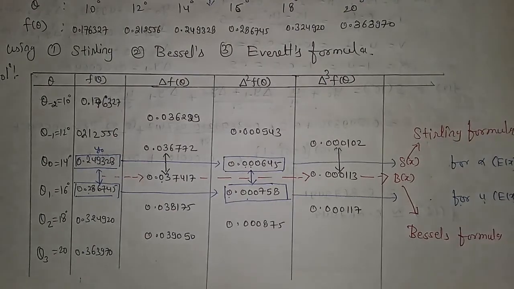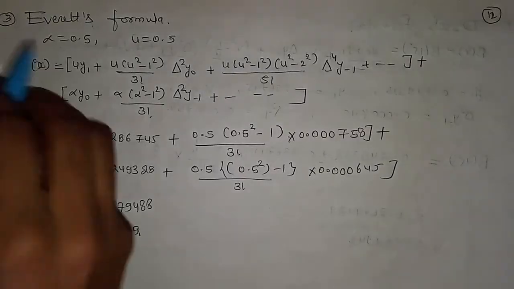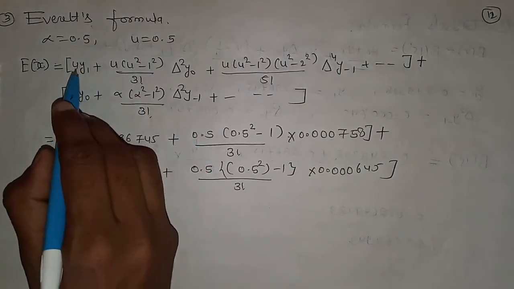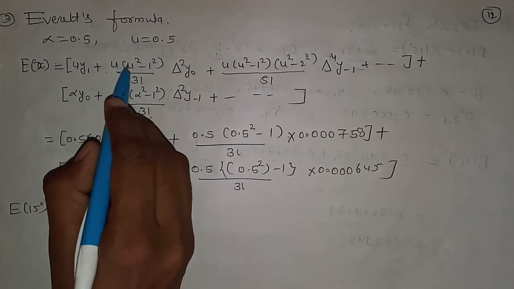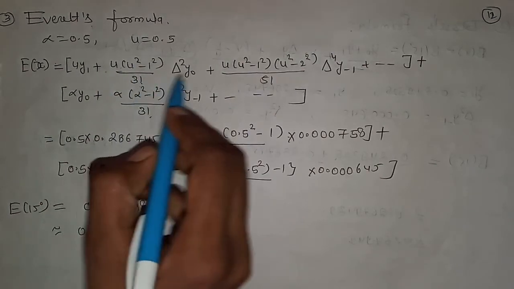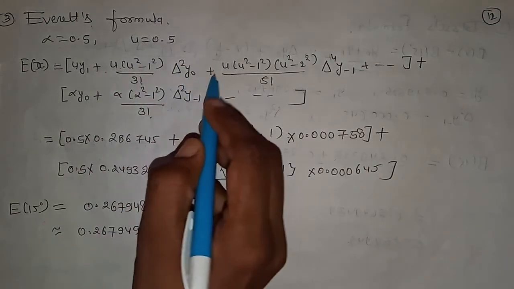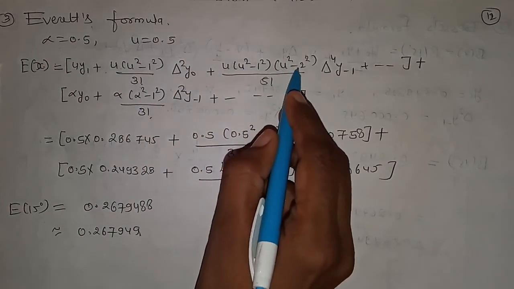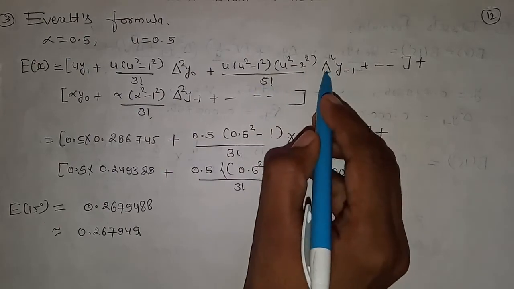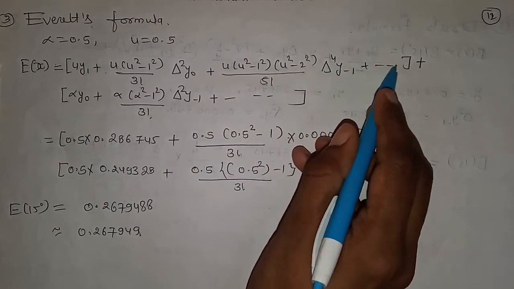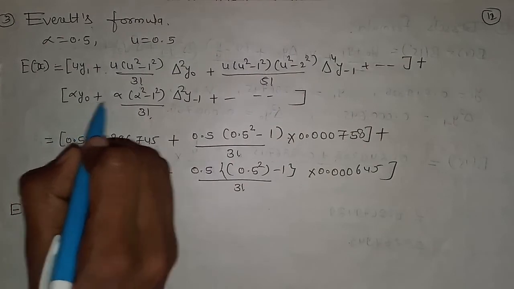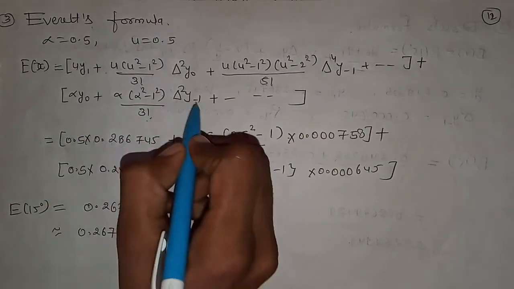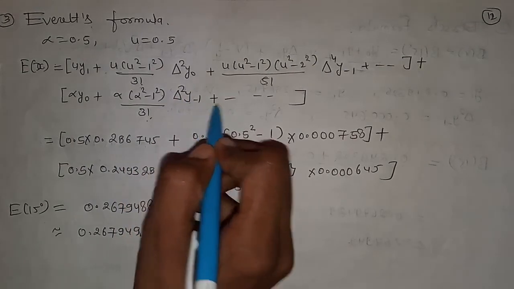From this we can write, here we have alpha as 0.5, u as 0.5, and the formula is given by u into y1 plus u into u square minus 1 square upon 3 factorial delta square y0 plus u into u square minus 1 square into u square minus 2 square upon 5 factorial delta raised to 4 y minus 1, plus alpha y0 plus alpha square minus 1 square upon 3 factorial delta square y minus 1, plus so on.